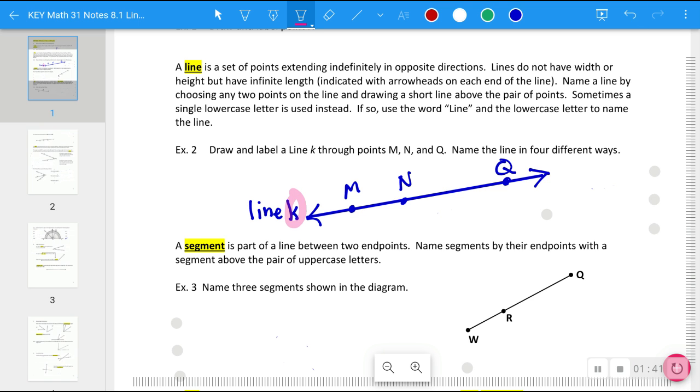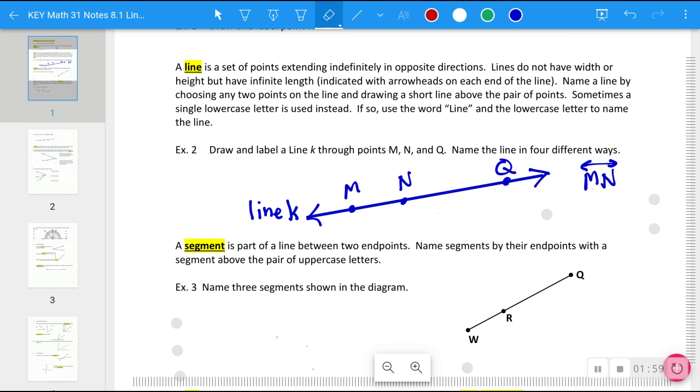But you have to actually write the word line and then use a lowercase letter. Now, the more common way to indicate lines is to write down any 2 points that are on the line that have labels. So we've got 3 choices here. And then draw a little line above those like that. So this is line MN.